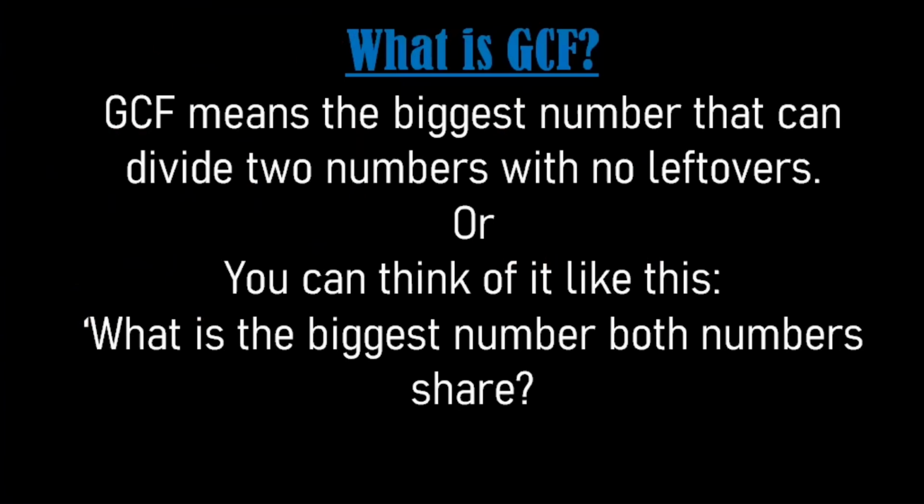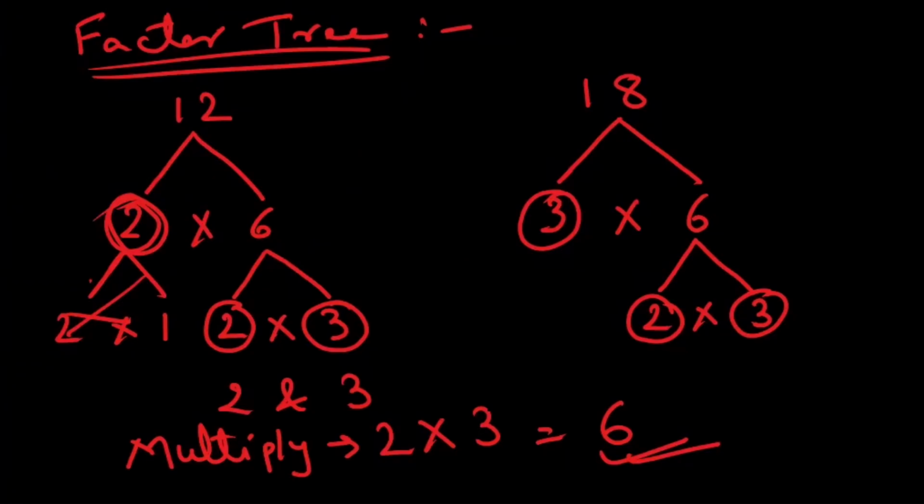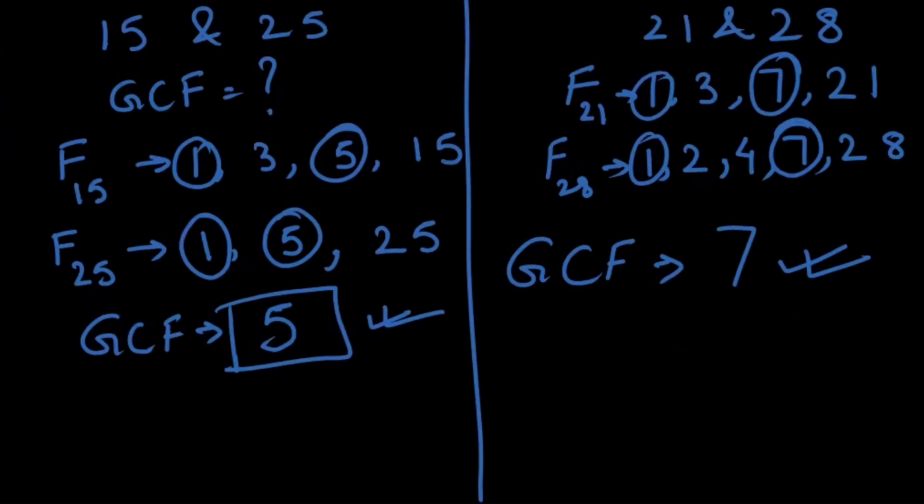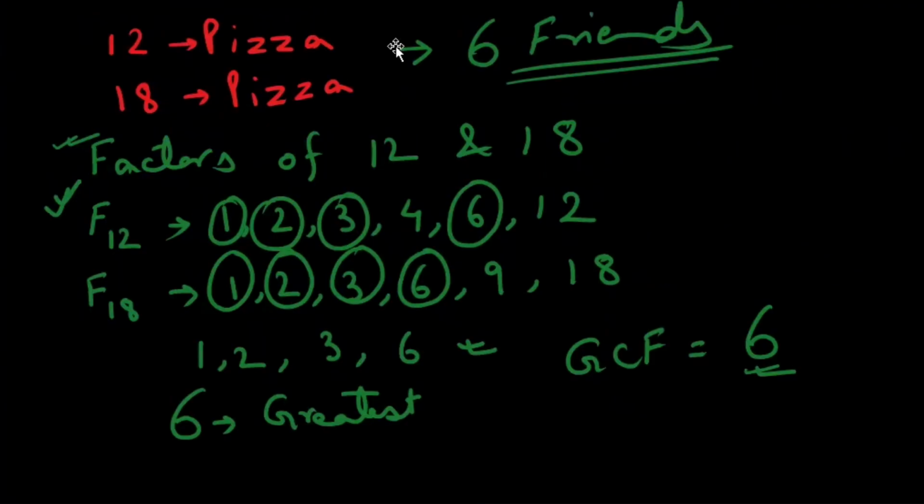Then we learned how we can find the GCF by finding the factors of both the numbers, and then we have to look for the common factors, and among the common factors we have to find the greatest common factor, that is the GCF.